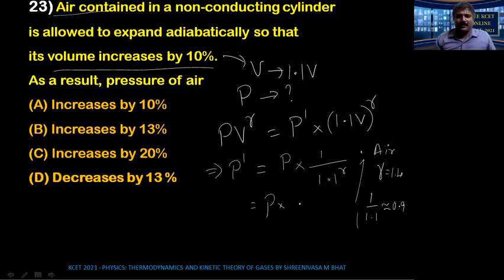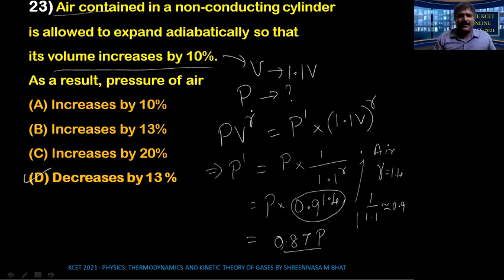Then 0.9 to the power 1.4. When a number is less than 1 and you increase the power, it becomes smaller and smaller. So 0.9 to the power 1.4 is less than 0.9, maybe 0.87 or 0.86. So pressure decreased by 13%. Option D is the right answer.